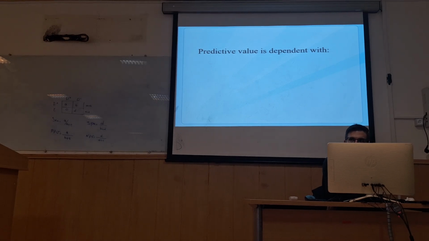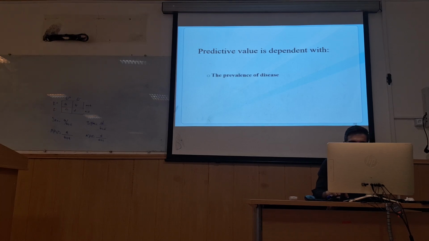An important point. In contrast to sensitivity and specificity, which are generally considered inherently stable for a given diagnostic test, positive predictive value and negative predictive value are highly dependent on two factors.